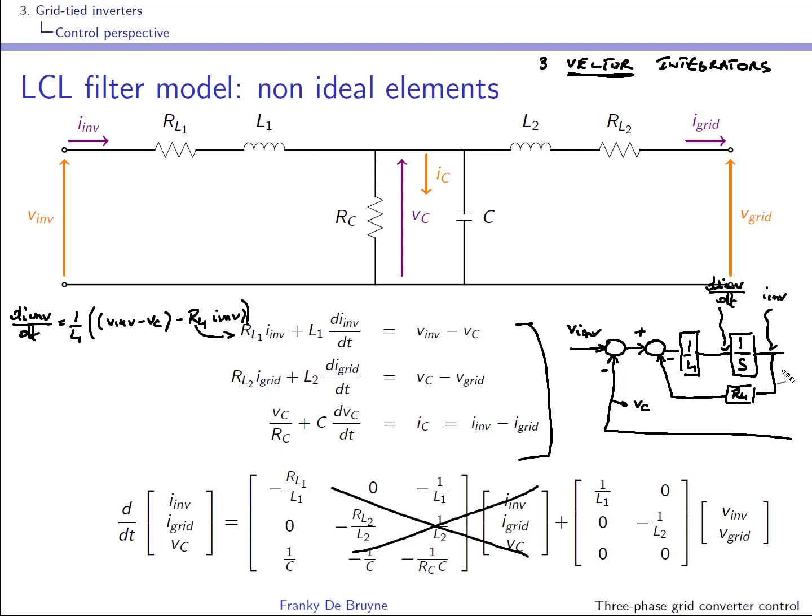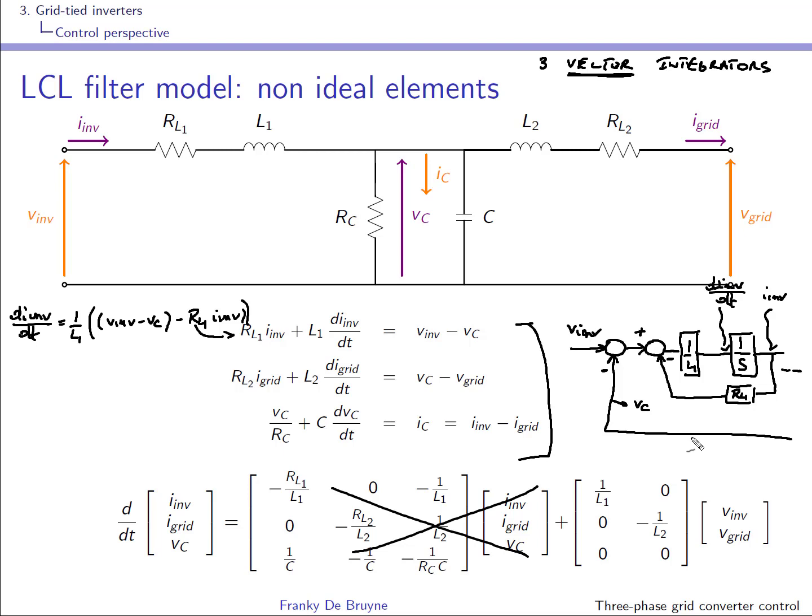If you continue constructing the model like this, using the three equations, you can obtain a very compact model that models all three phases at the same time.